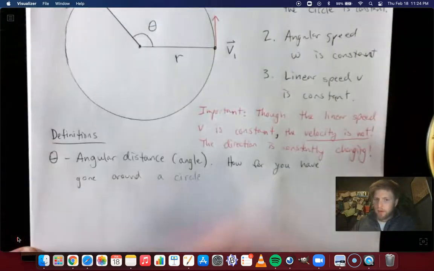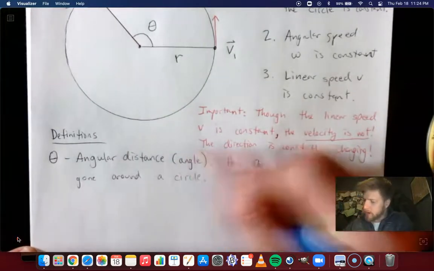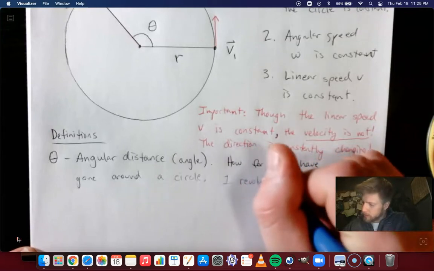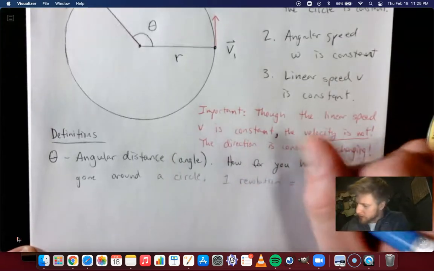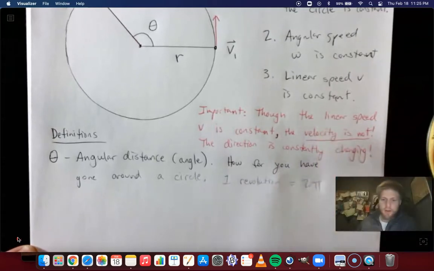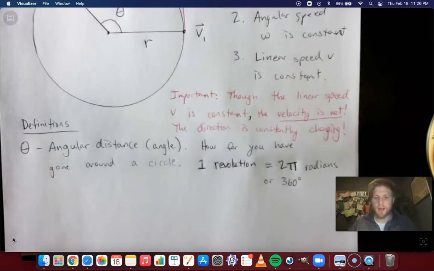One entire rotation or revolution, right now we can use those words interchangeably. One revolution is equal to, you guys know this, 2 pi. One time all the way around a circle is 2 pi radians, or just 2 pi for right now. Now, if you're not familiar with the concept of radians, it's really simple, probably simpler than you think. It's the same as saying 360 degrees.